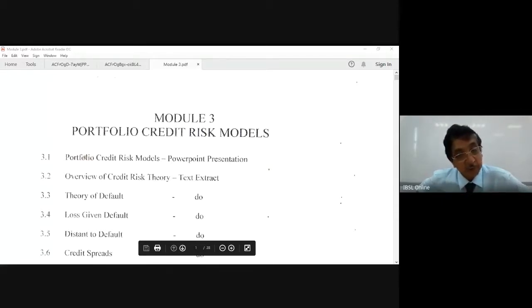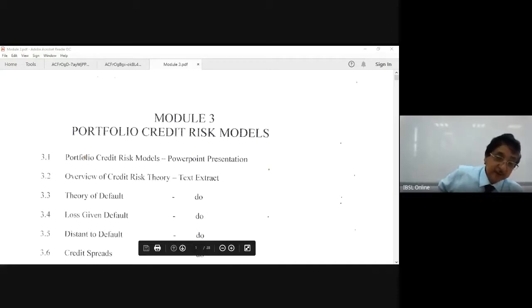Because you all know when you talk in terms of risk, whatever it is, credit or what, there can be market level risk, or we call them systematic risk, and the other type is non-systematic. Now in a portfolio, non-systematic risk could be compensated.